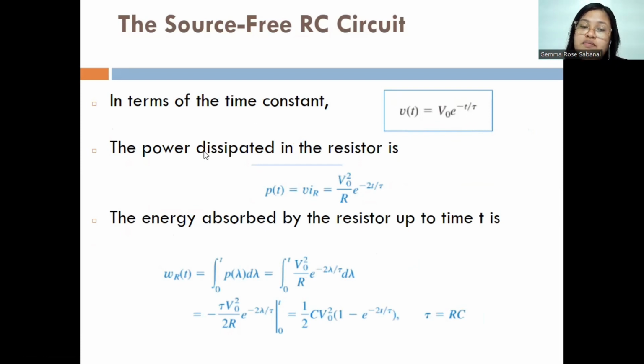The power dissipated in the resistor is this formula, which is p(t) equal to v squared over R, equal to V0 squared over R e to the negative 2t over tau, while the energy absorbed by the resistor up to time t is this formula.